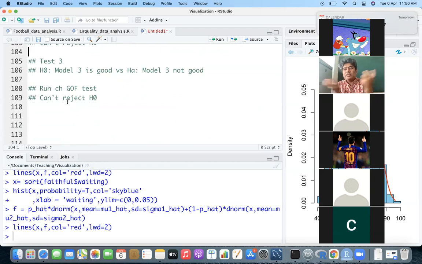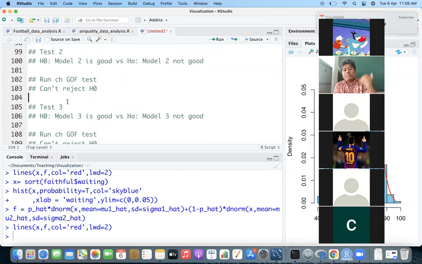Then we will compare these values and say, hey guys, this model is better than the other 2. All 3 models are equally good, remember that. But suppose the third model turns out better than the others, or the second model is better than the others. That means you are looking for benchmarking behavior.